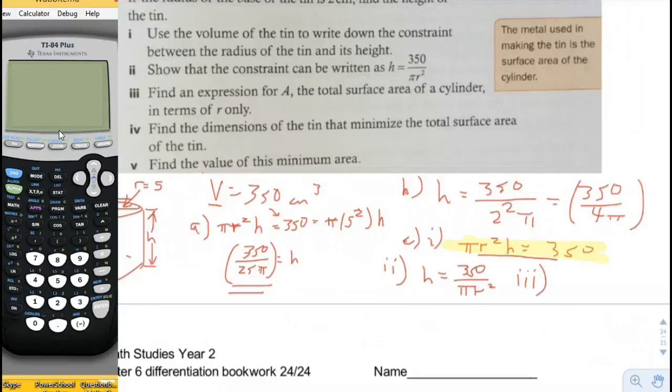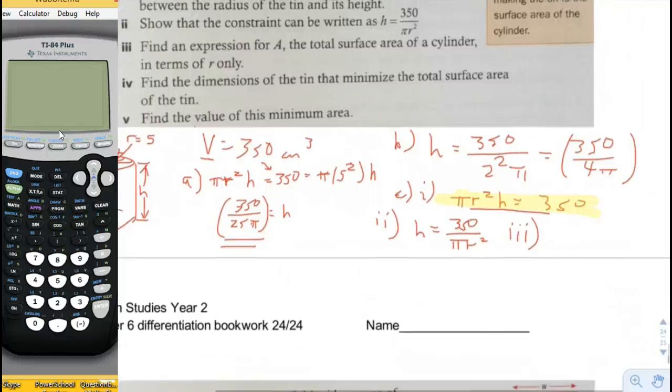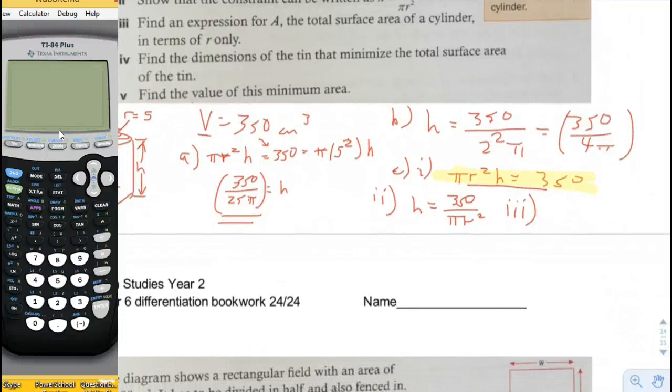Find an expression for A, the total surface area of the cylinder, in terms of r only. Total surface area of a cylinder in terms of r only. Okay, so now for part 3, we're going to take the top of the cylinder, and then we're going to unroll the side of the cylinder, and we're going to have the bottom of the cylinder.